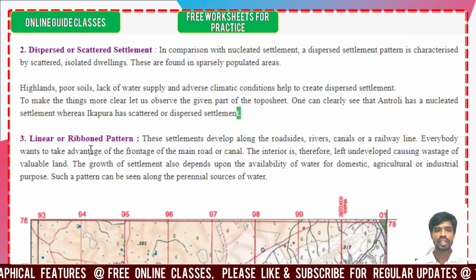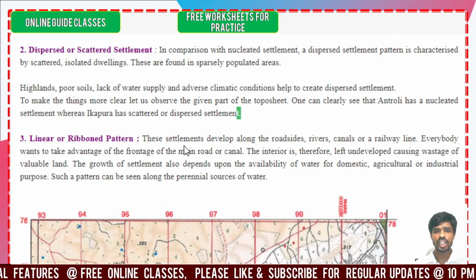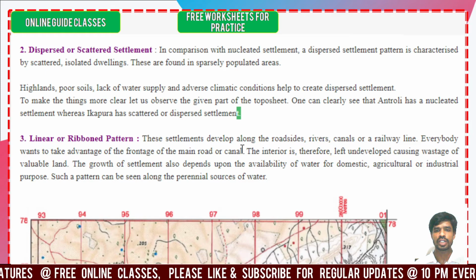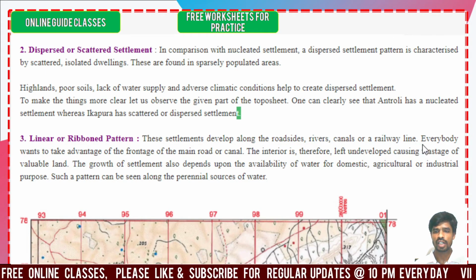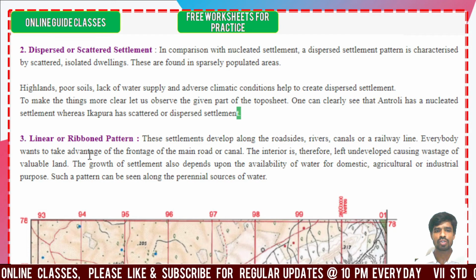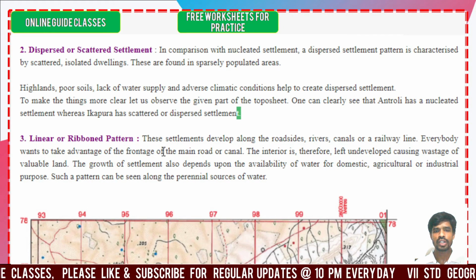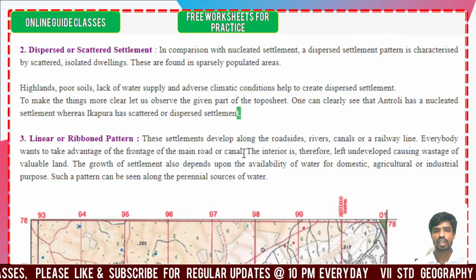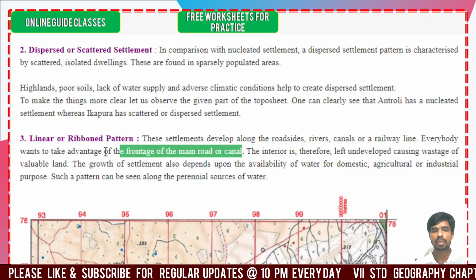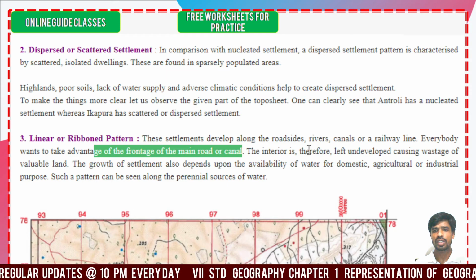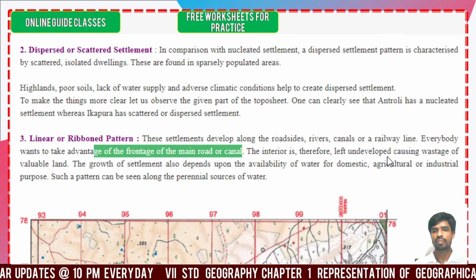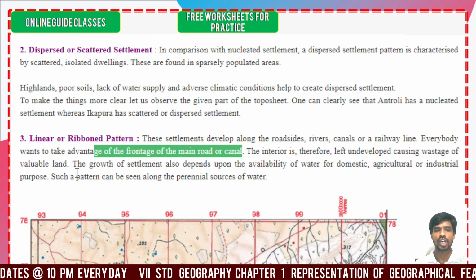The third one is linear or ribbon pattern. These settlements developed along roadsides, rivers, canals or railway lines. Everybody wants to take advantage of the frontage of the main road or canal. Please remember this. The interior is therefore left undeveloped, causing wastage of valuable land.